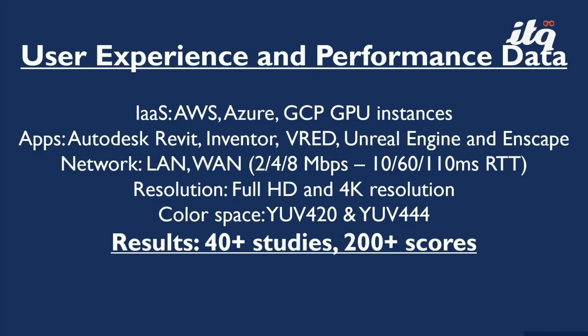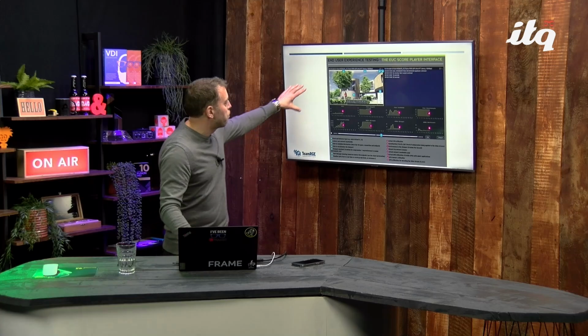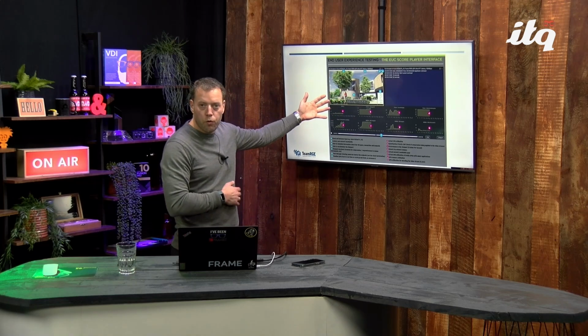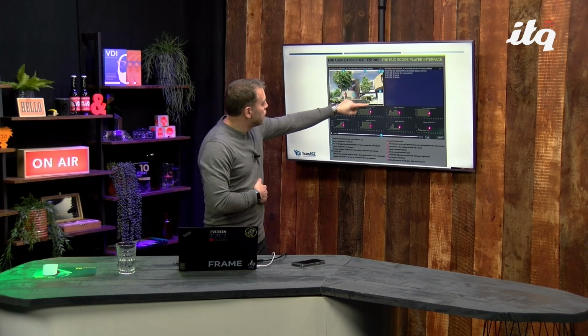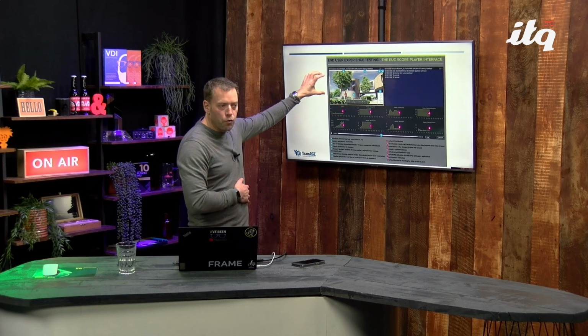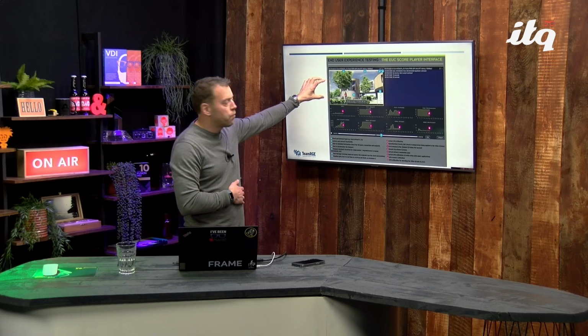The summary of that story is there are 40 studies with more than 200 results. I want to show you how that looks. Part of that is this web player. This is EUC Score from Benny Tritsch. This video is the actual capture of the real user experience using the Azure NGadsV620.